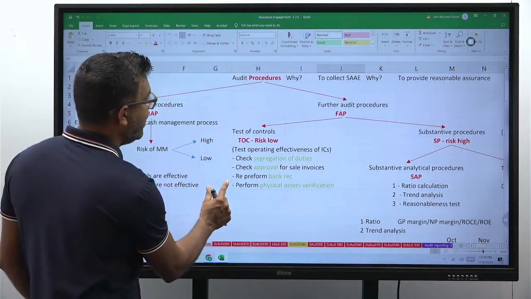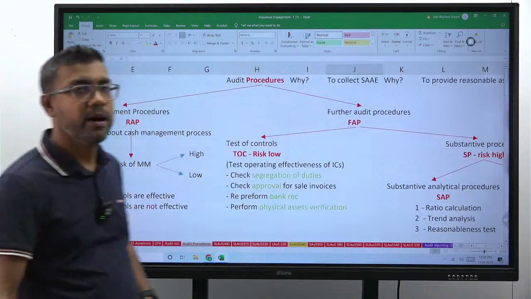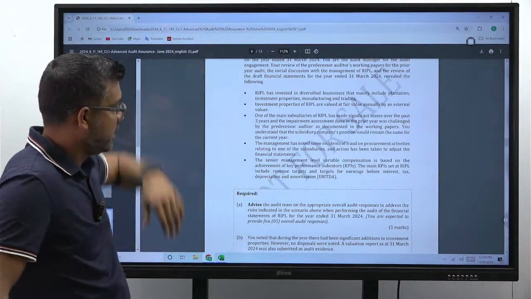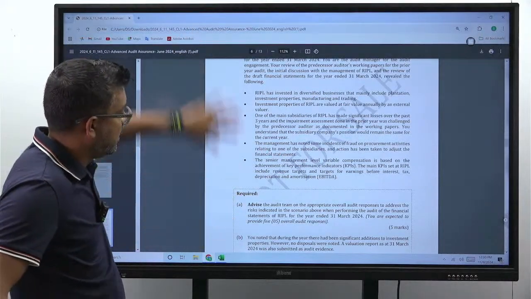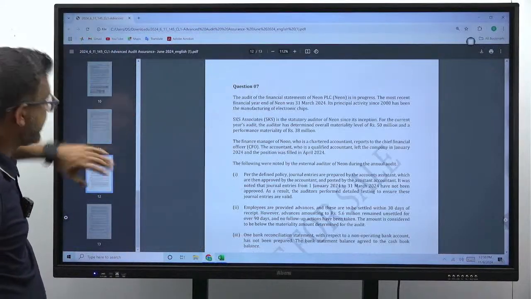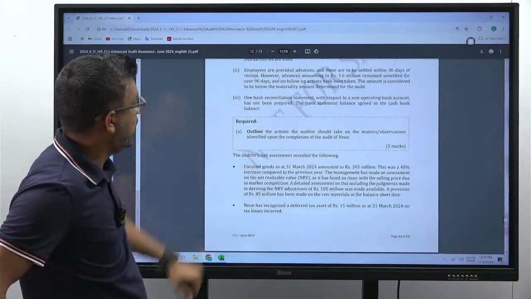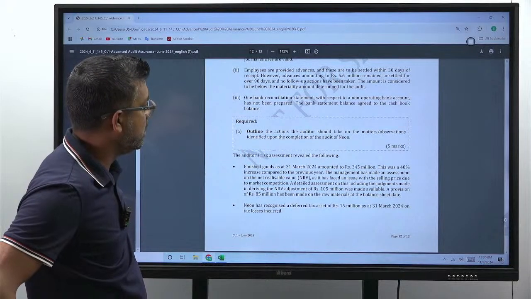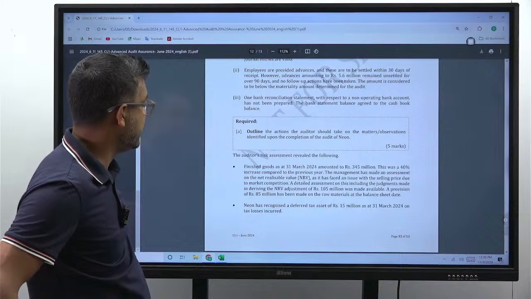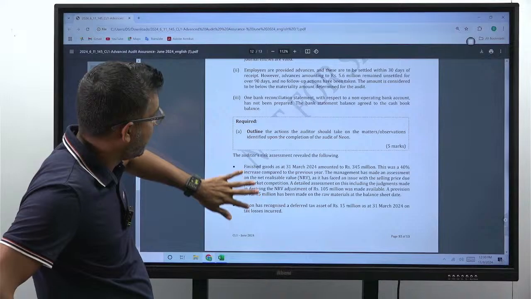I recommend you to review your past papers and check how many times this word, in red, is repeating. I can show you. Let's say question number 7, a random selection. Outline the actions the auditor should take on matters observed upon completion of the audit of Neon.